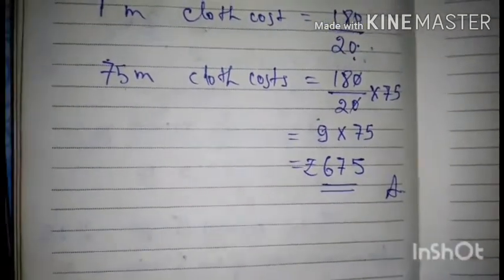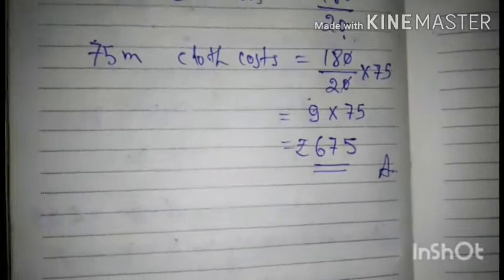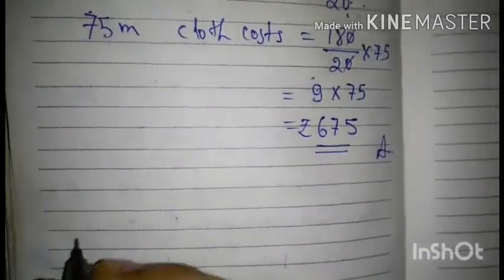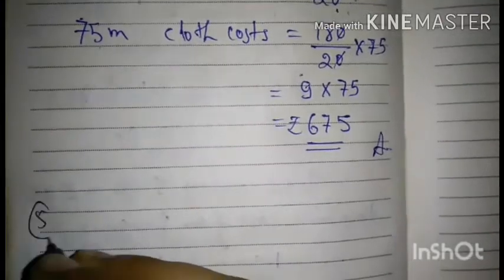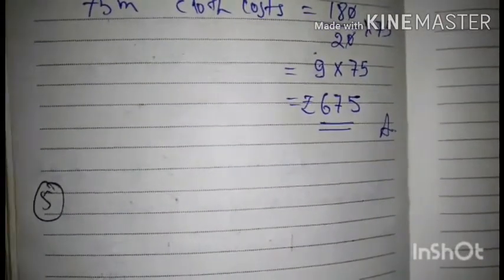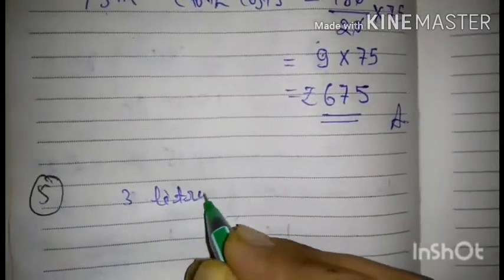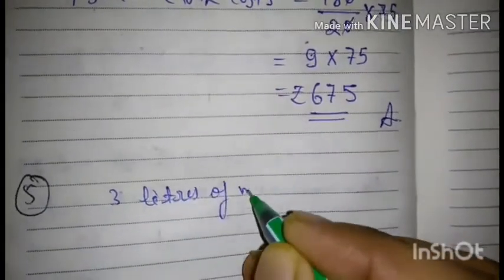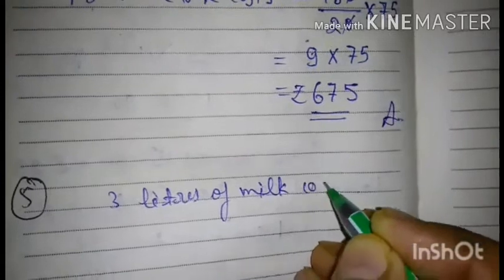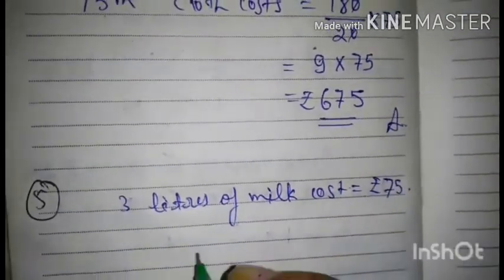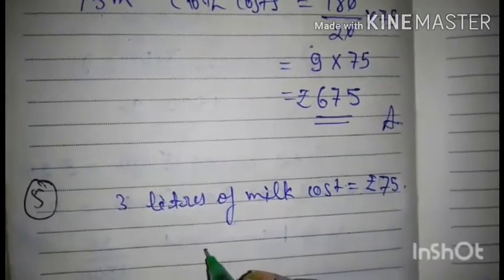Okay, now move to question number 5. 3 liters of milk cost rupees 75. Find the cost of 5.5 liter.